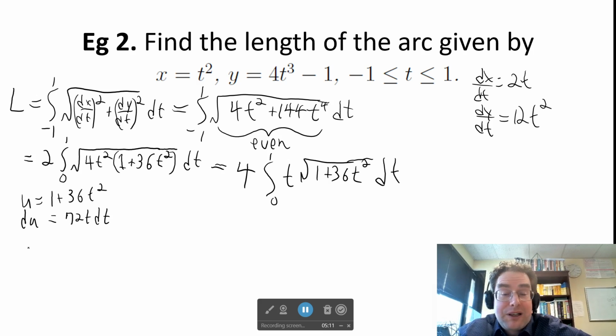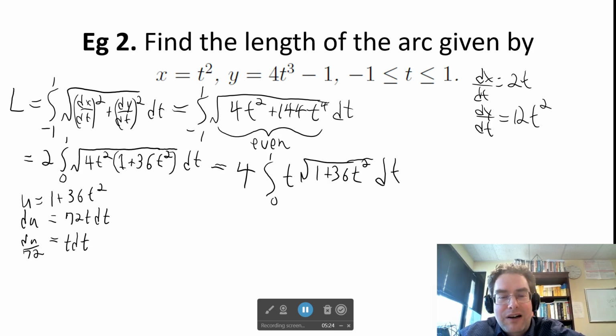And if we divide by 72, du over 72 equals t dt, which is exactly the leftover factor in our integrand, aside from the square root.